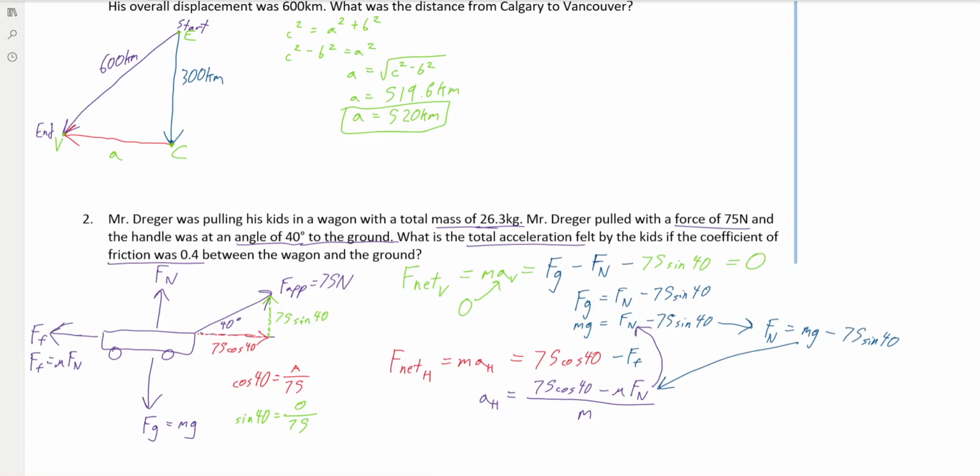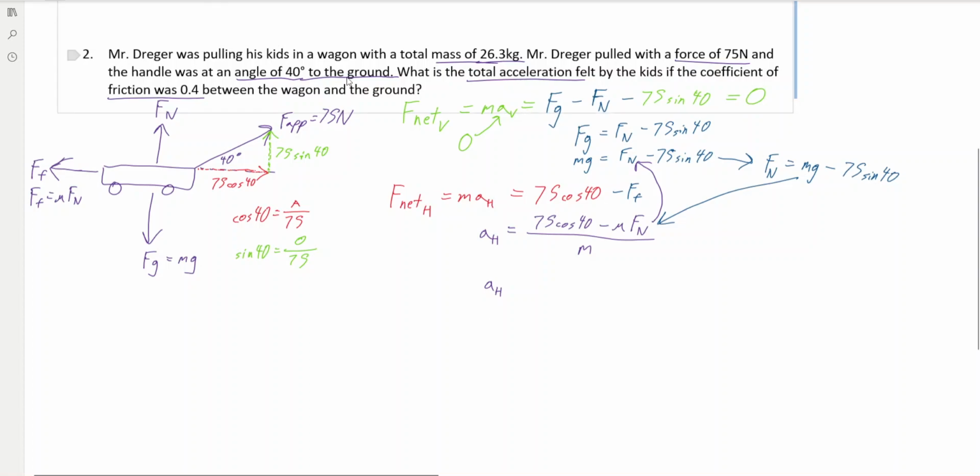Okay, rewriting this out one more time, AH equals 75 cos 40 over m minus mu times mg minus 75 sine 40.